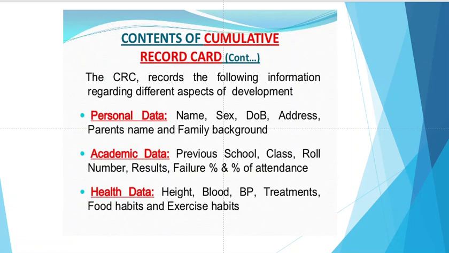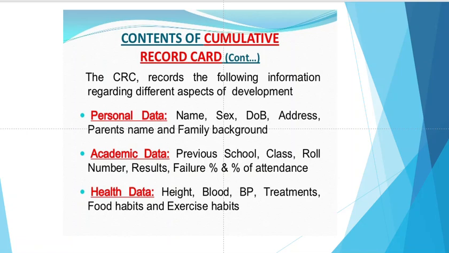So the major part we cover on the basis of these three data: one is related to the personal data of the student. Here we write down the name, sex, date of birth, address, parents' name and family background. Then we come to the academic data, that is related to the previous school, class, roll number, result, failure percent and percentage of attendance.